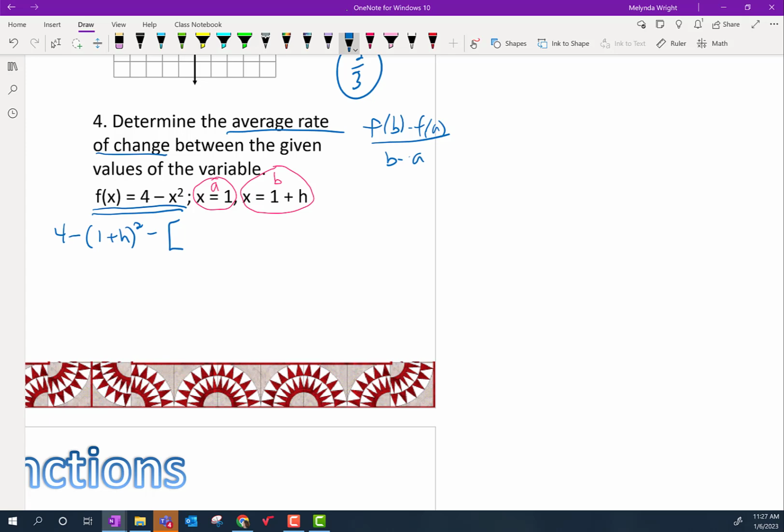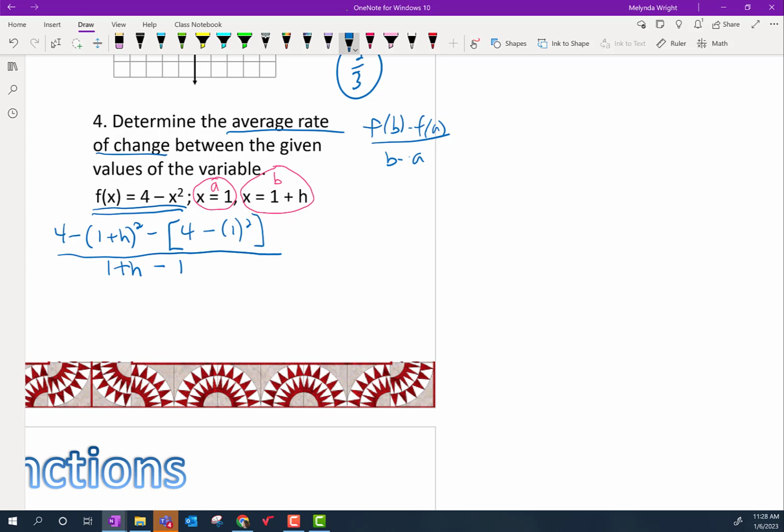It's not exactly, but it's kind of like the difference quotient. So now I'm going to write my function again, and I'm going to open up that X spot, and I'm going to put in the A, which is 1. And that's all over B, which is 1 plus H, minus A, which is 1.